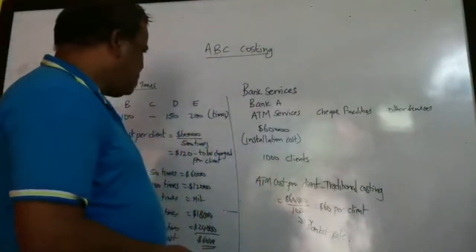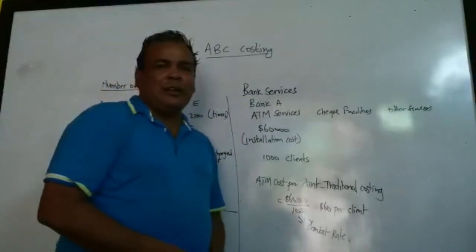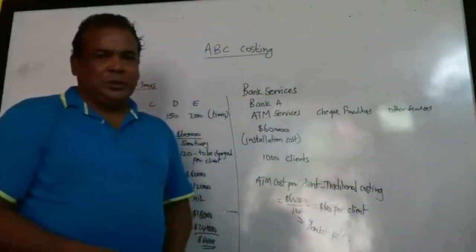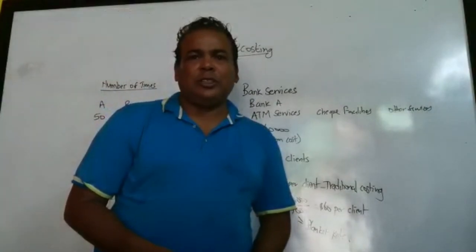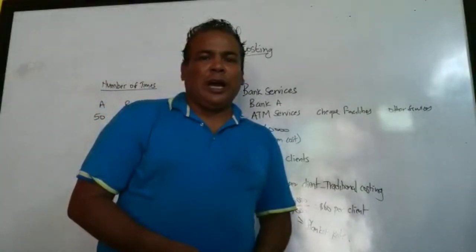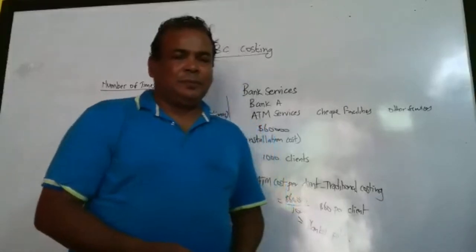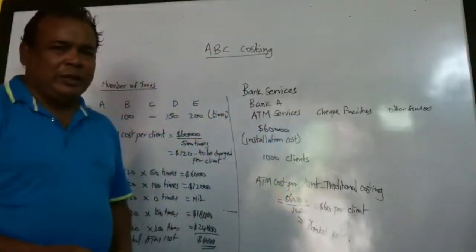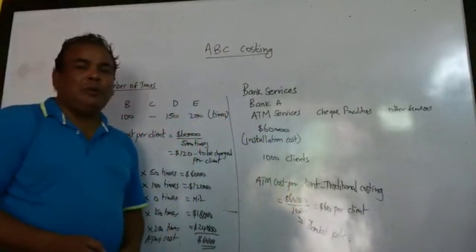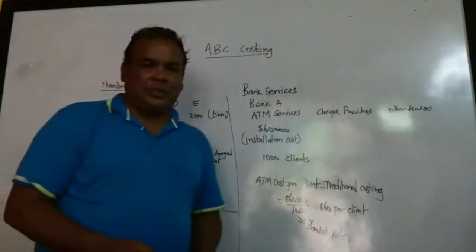Now, if we have to calculate the cost per client accurately, without creating any discrimination, we have to use activity-based costing. That is, we can calculate the cost per client accurately depending on the number of times the client is using the ATM service.